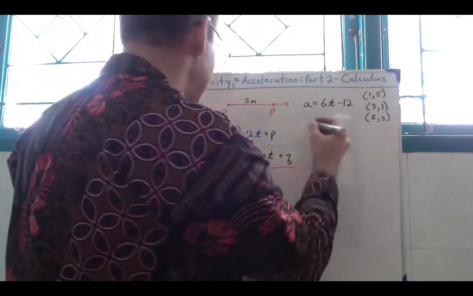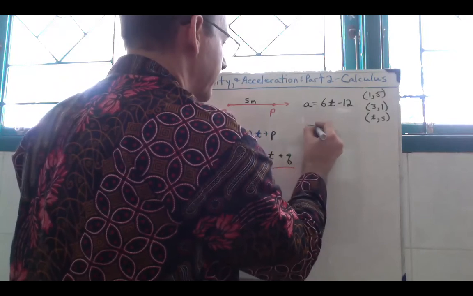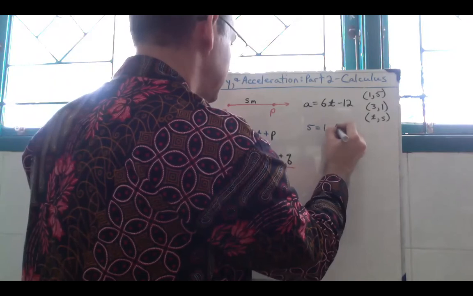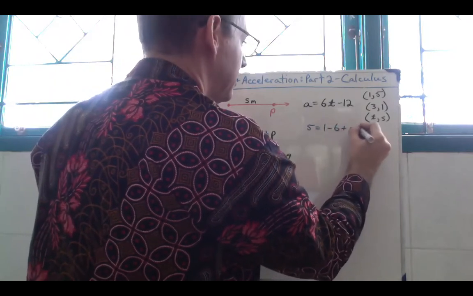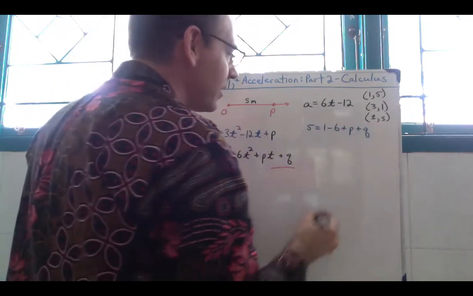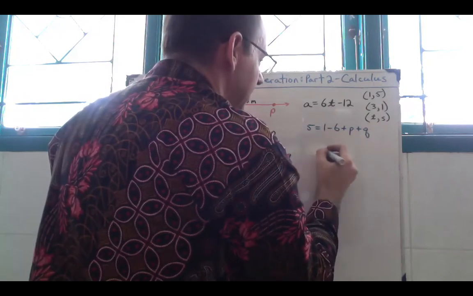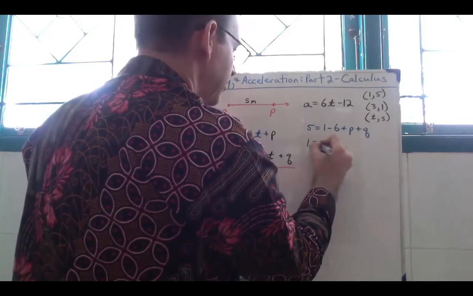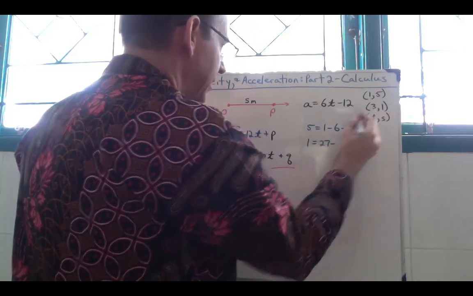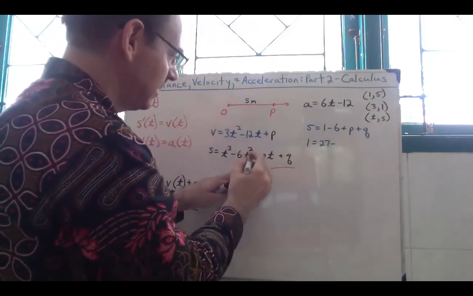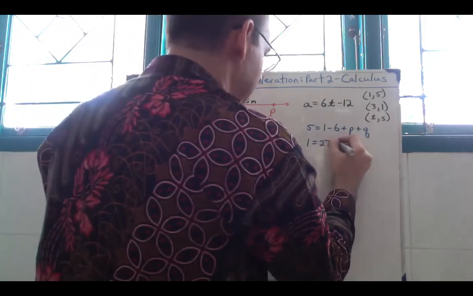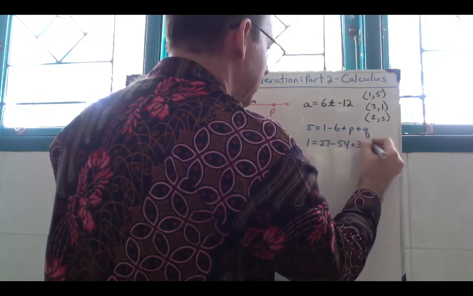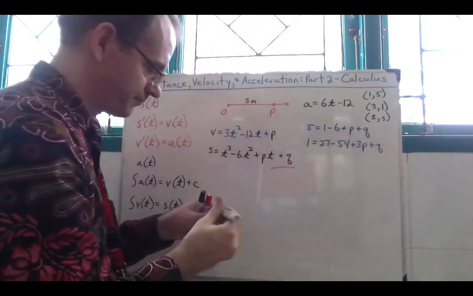So when we plug that in, we get 5 equals 1 minus 6 plus p plus q. I'll just put the other one here: 1 equals 3 cubed, 27, minus 3 squared is 9, 6 times 9 is 54, plus 3p plus q.